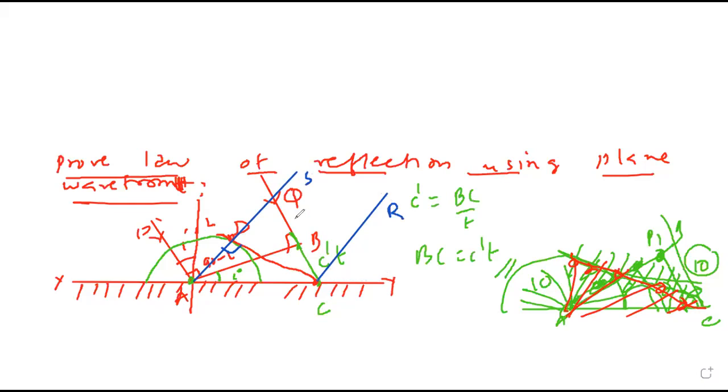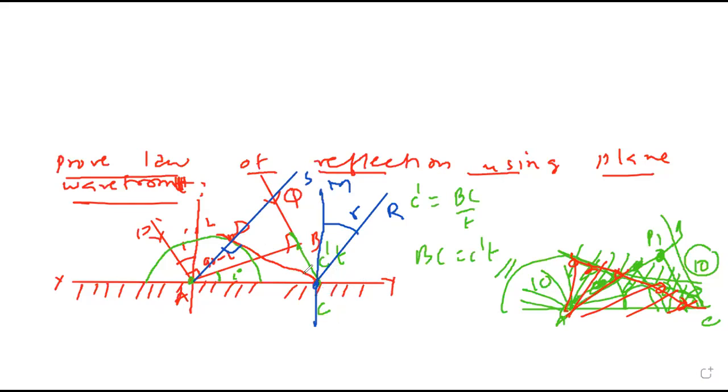So CD represents the reflected plane wavefront bounded by rays DS and CR. If R is the angle of reflection, then this angle MCR is nothing but the angle of reflection R.